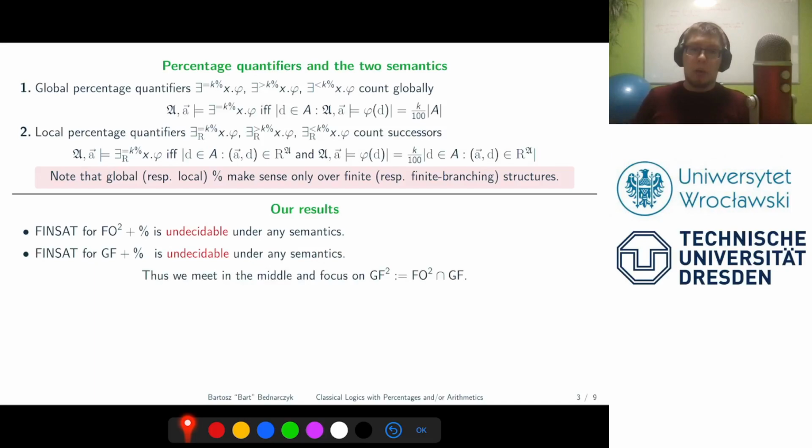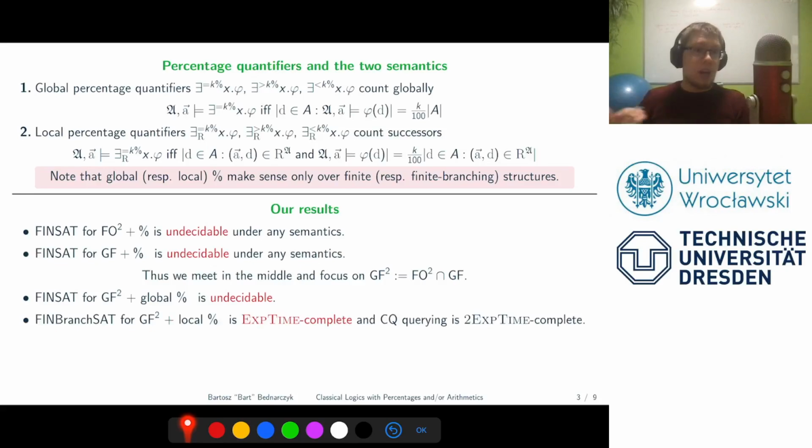Then we would like to meet in the middle and consider the intersection of FO2 and the guarded fragment, which is the two-variable guarded fragment, and this logic is still expressive enough to capture standard description logics like ALC. For this logic we will see that under the global semantics of percentage quantifiers the logic is still undecidable, but if we focus on local counting, then the picture is quite different.